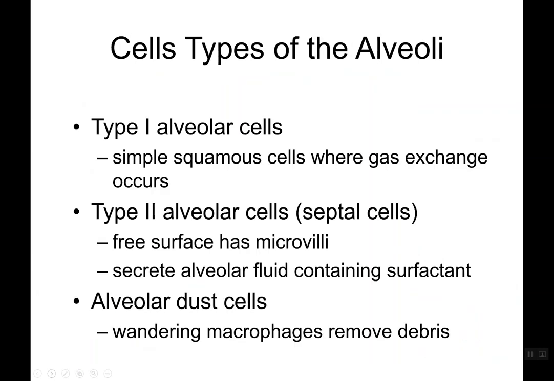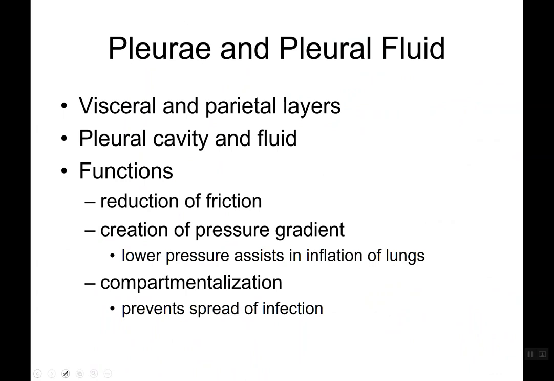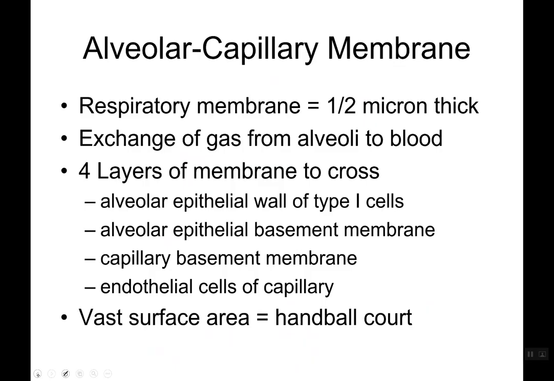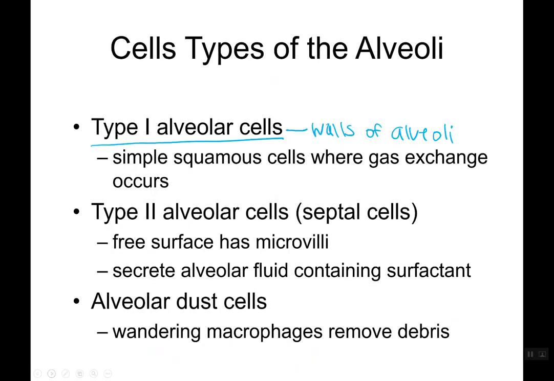So, cell types of the alveoli. Type 1 alveolar cells are the ones that make up the walls. So these are simple squamous by definition because they have to be nice and thin in order for the gas exchange to occur.